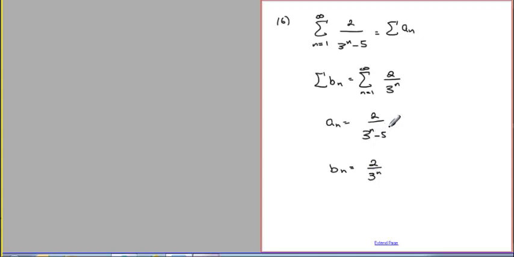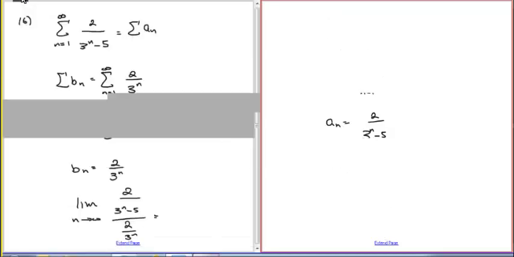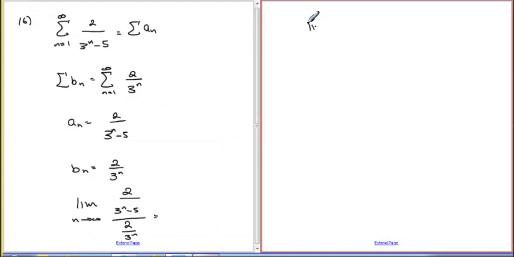And so if you take the limit of that ratio of those two functions as n goes to infinity, what do we get there? Well, you can take the denominator and take the reciprocal of it.